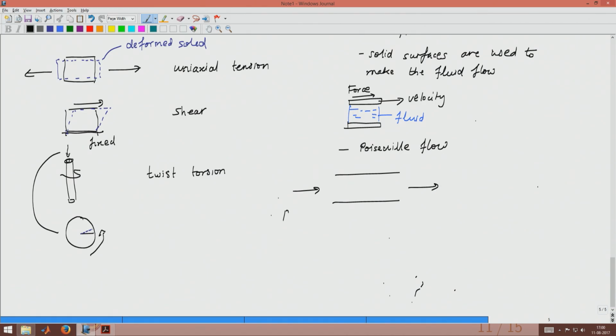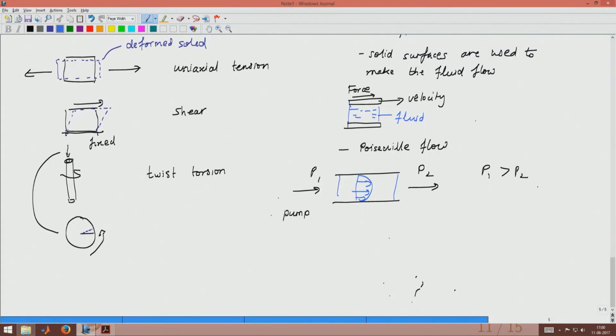We usually use a pump, so that the pressure at one point is higher than the pressure at the other, so that P 1 is greater than P 2, and we take a fluid in this pipe, then the fluid starts moving. This is an example of Poiseuille flow.